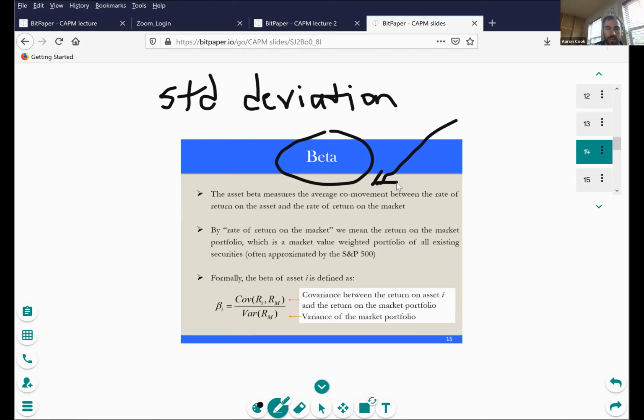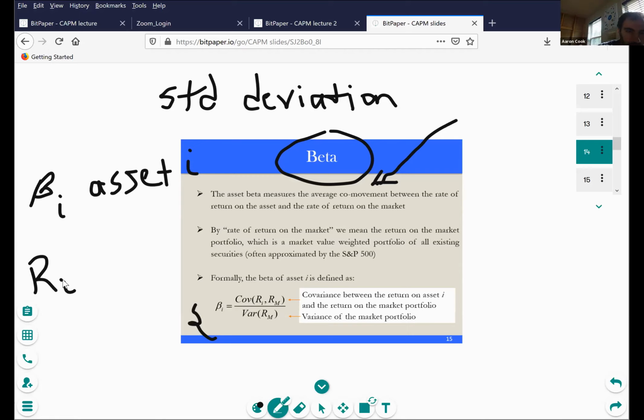So this beta is going to be formally defined as the covariance. In this case, we have beta I, which is the beta on asset I. So we have just some asset I. R_I is going to be the returns on asset I, and R_M is going to be the returns on the market.